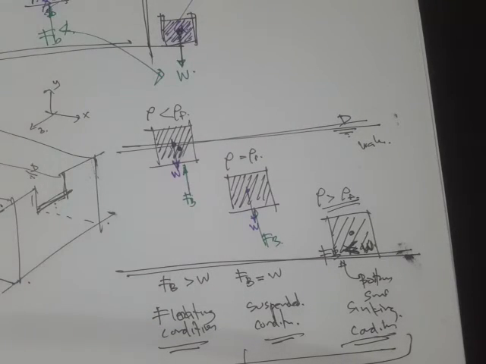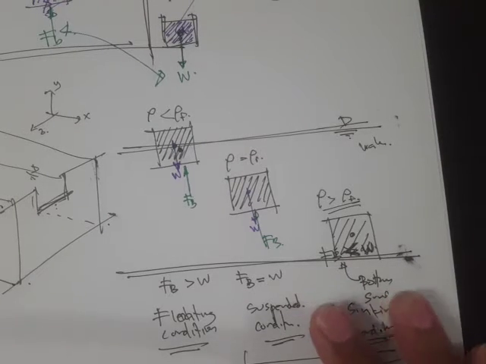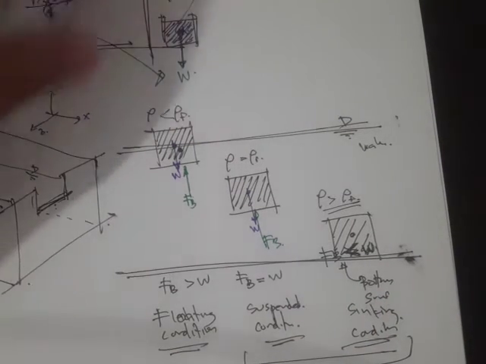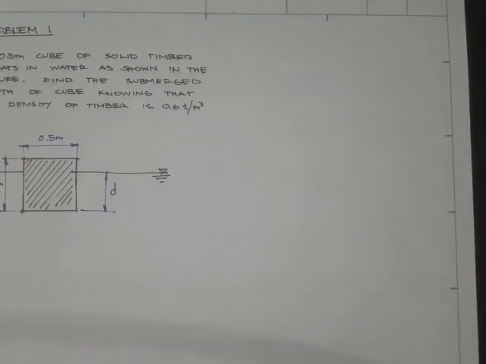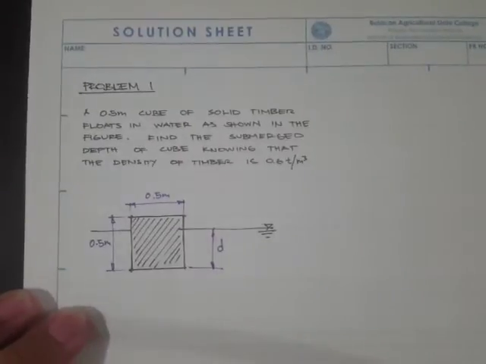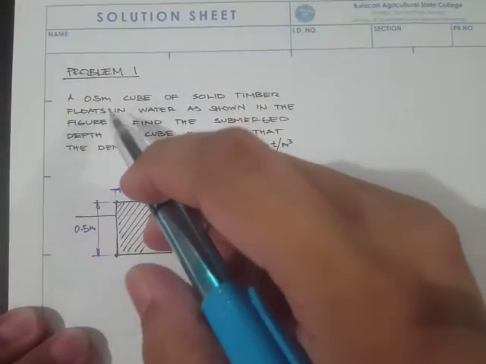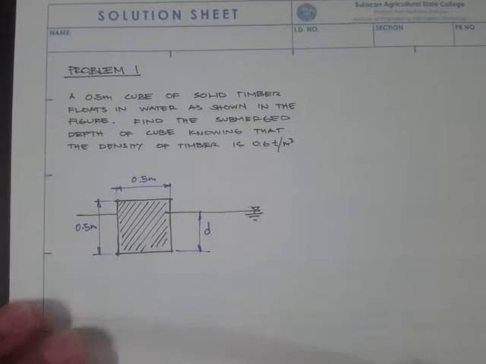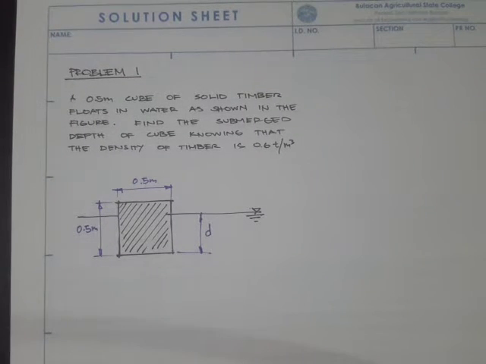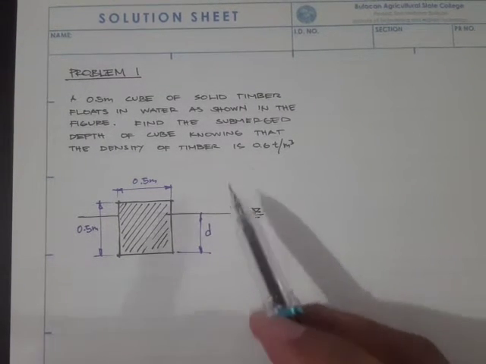Okay, now we'll do a sample problem regarding this. The first problem is this one: a 0.5 meter cube of solid timber floats in water as shown in the figure.